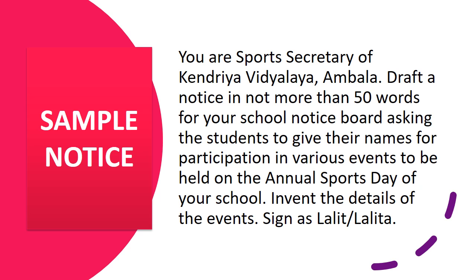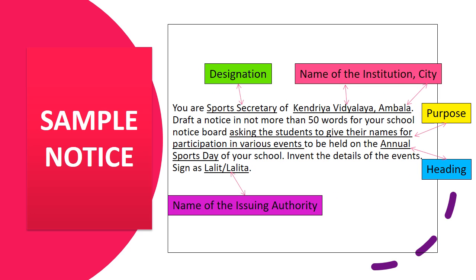Now students, most of the things are provided to you by the examiner. Let us see what all things we can use in the next slide. Now we are going to read the statement once again, and we will underline the things which we require for writing the notice. Now first line is, you are sports secretary of Kendriya Vidyalaya Ambala.